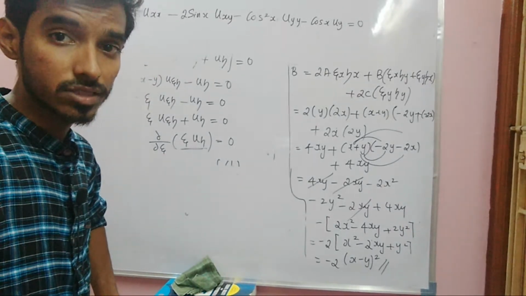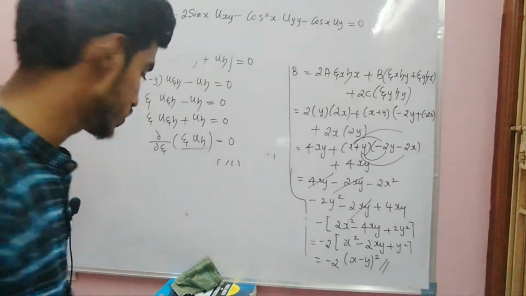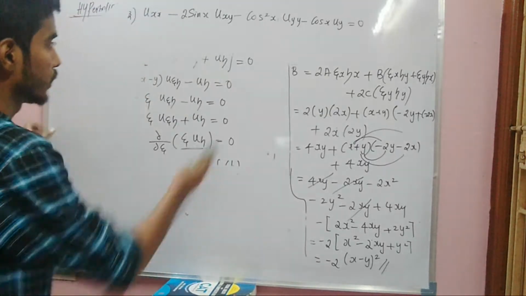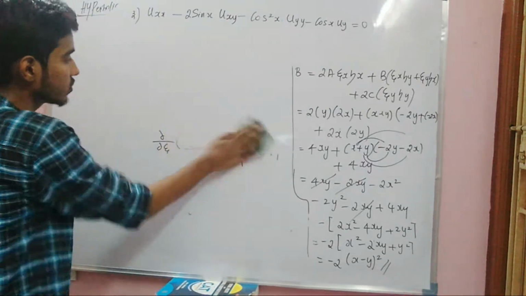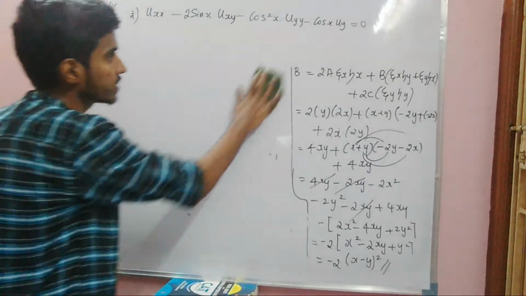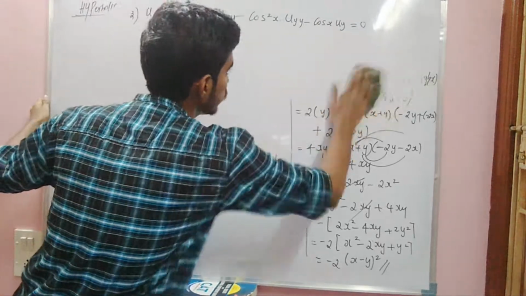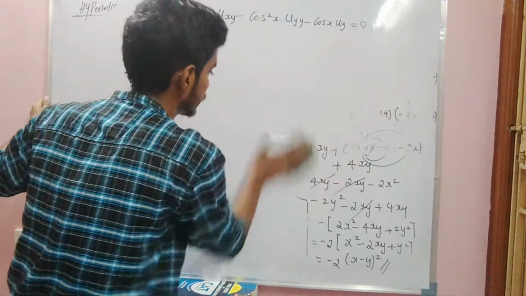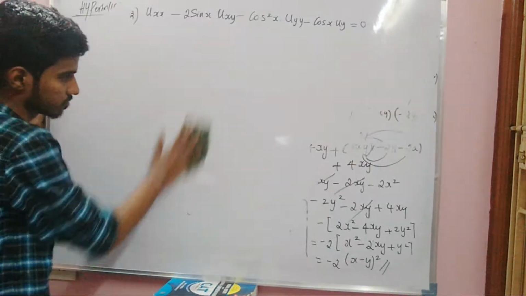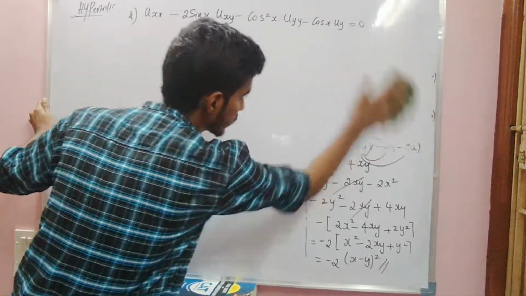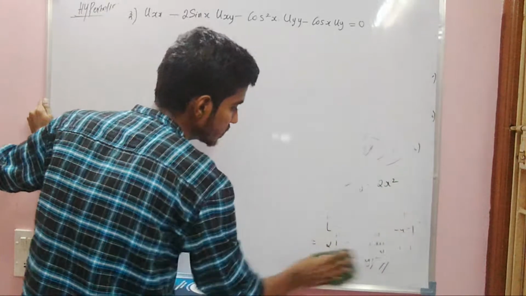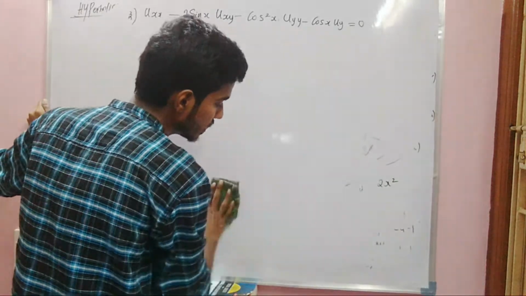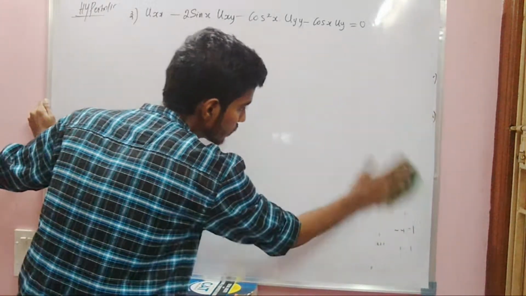First you find the characteristic for this. uxx minus 2 sin x uxy minus cos square x uyy minus cos x uy. The only thing that will change for elliptic, parabolic, hyperbolic is that for finding theta and eta we will have different methods.